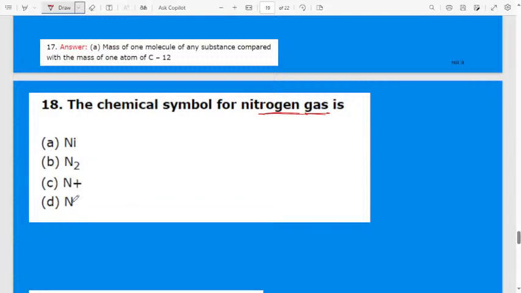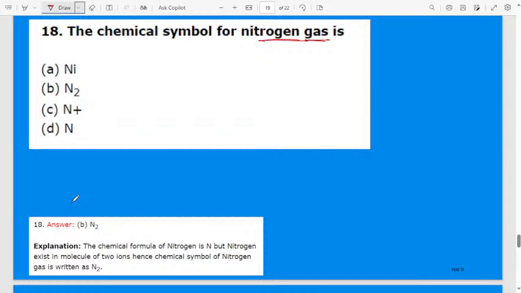Option D, N. The chemical symbol for nitrogen gas is N2, because the chemical symbol for nitrogen is N, but nitrogen exists as a molecule of two atoms, hence the chemical symbol of nitrogen gas is N2.